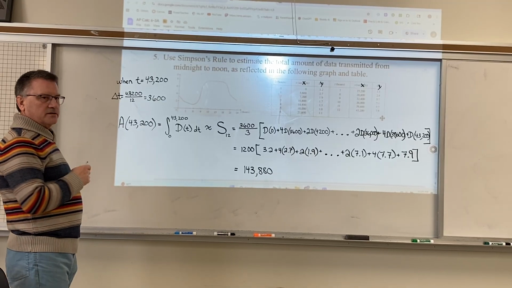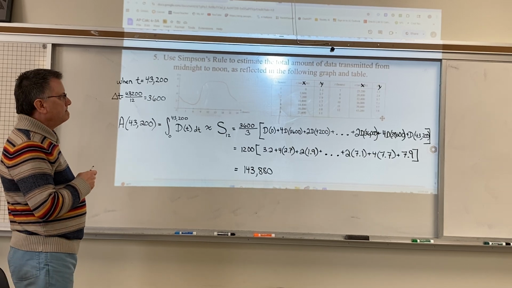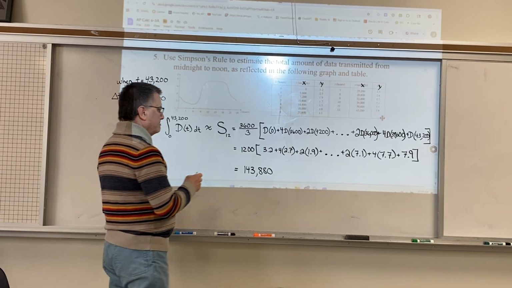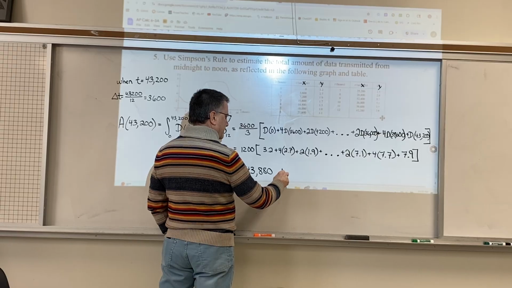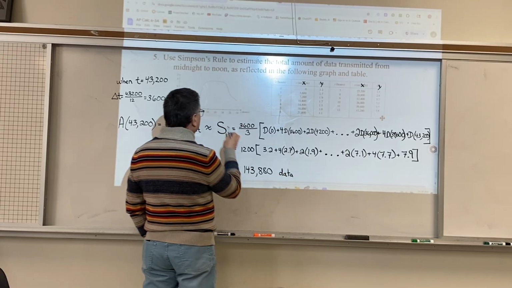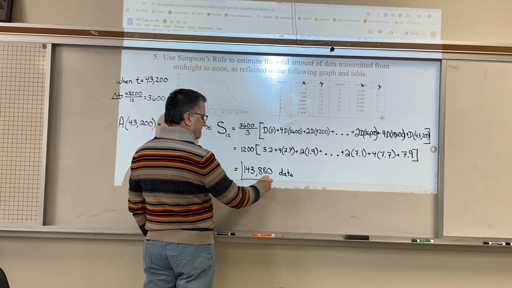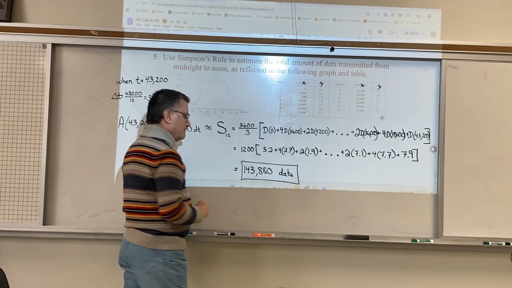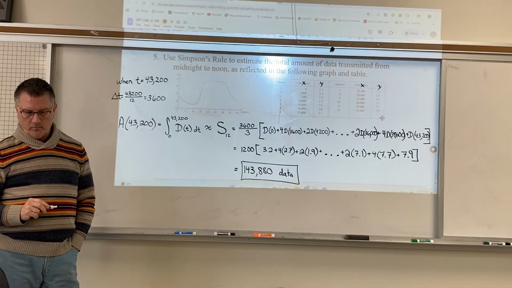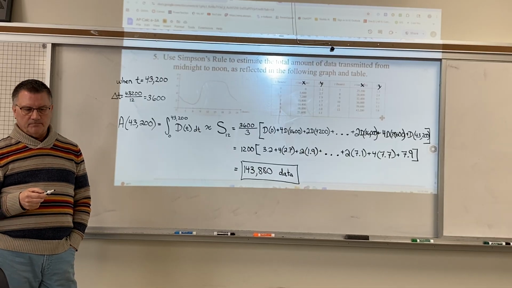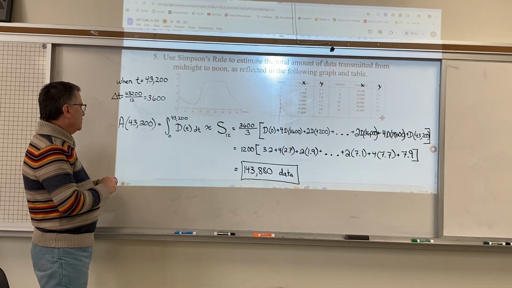I am not gonna put square units there, because this represents all the data. But I've done it the same way as I would, even though I did say area.